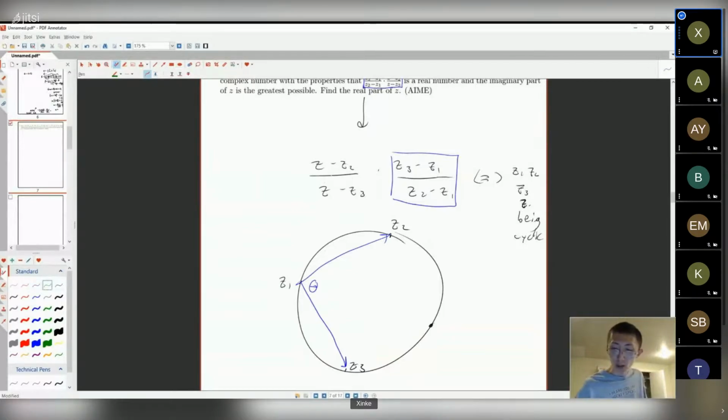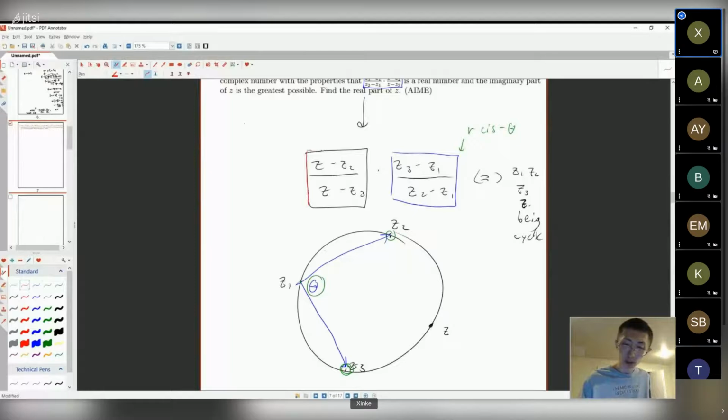So basically, this will be some magnitude times cis negative theta, because if Z1 is the origin, we're doing this number divided by this number, so I'll have negative theta in my picture. And then if this is Z without a subscript, then Z replaces Z1 in this expression.